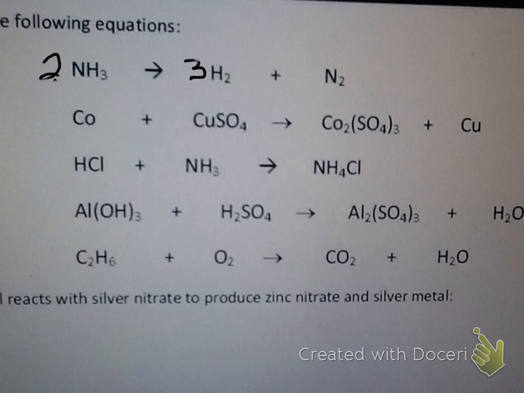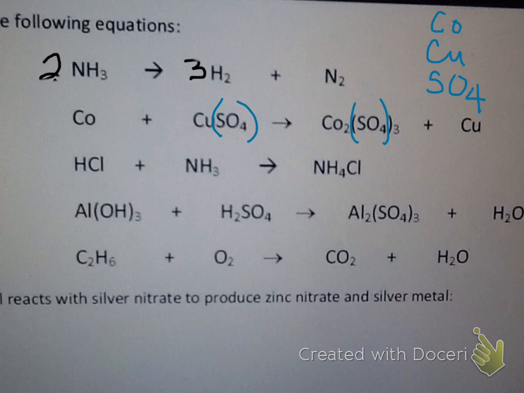The advice I'm going to give is, rather than separating the sulfur and oxygen to balance them out, keep sulfate the same. Keep it as a unit and balance the sulfate itself. You'll see what I mean when we take stock of what we've got. We've got cobalt atoms, we've got copper atoms, and instead of saying sulfur and oxygen separately, because they remain together as a unit, I'm going to balance sulfate as a unit. This will save me time.